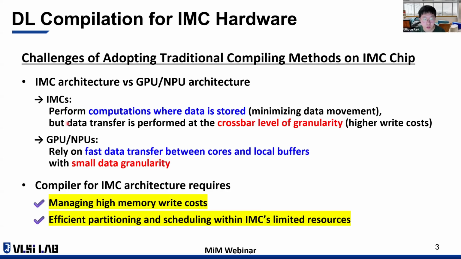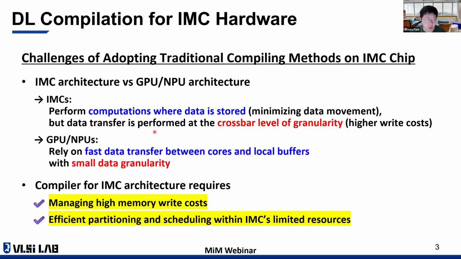Also, the data transfer, even of the activations and the intermediate data, is performed at the crossbar level of granularity, because the weights are separated into these fixed size IMC arrays. And they also have a higher write cost for the weights, so that also has to be accounted for.